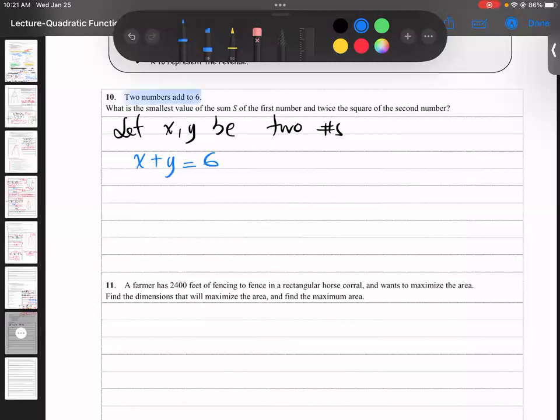What is the smallest value of the sum s? The sum is the first number, which is x, plus twice the square of the second number. So 2y squared, right? Twice the square of the second.